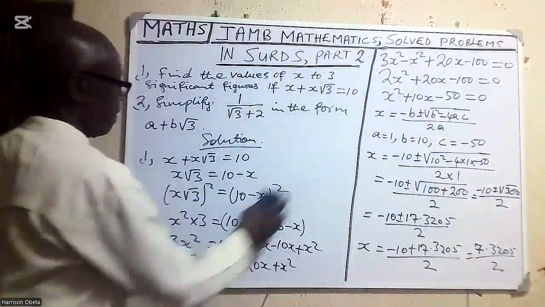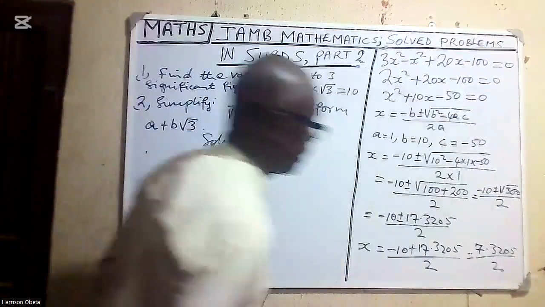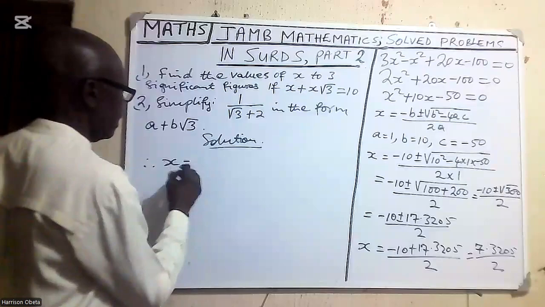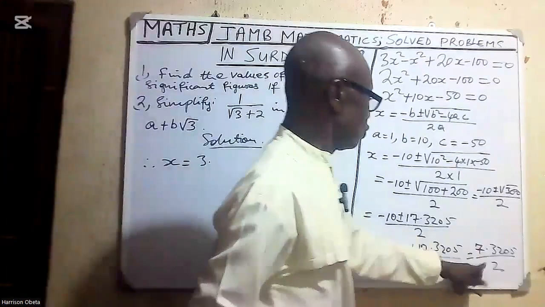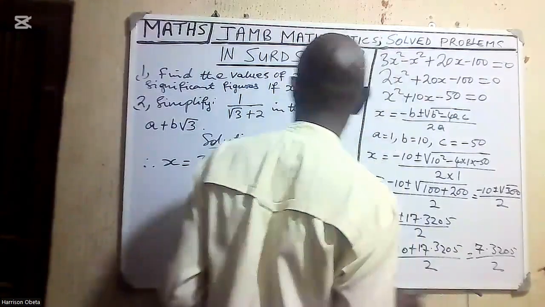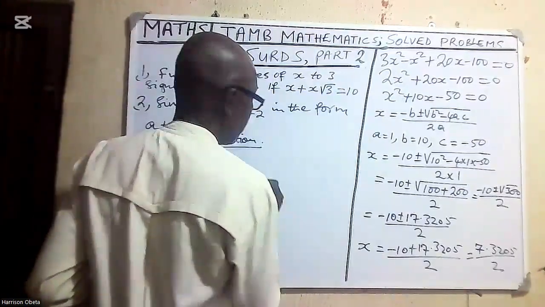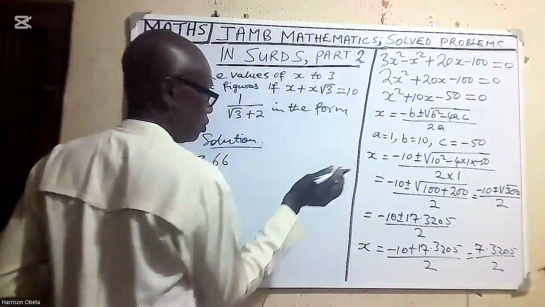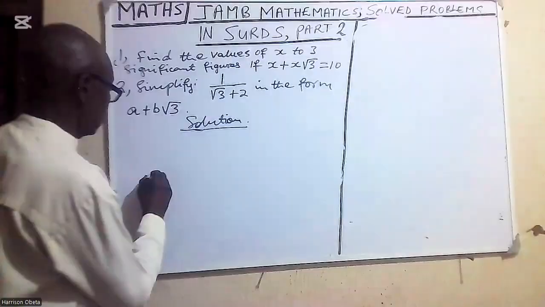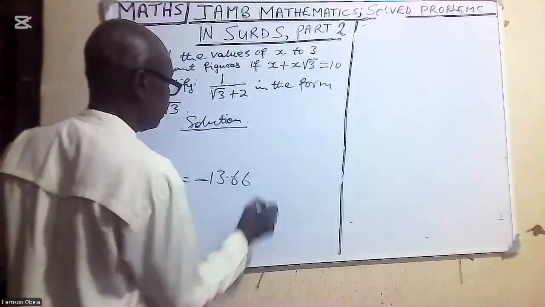So coming back here, that means that x is either 3.66, and we are not considering the extra digits because we are looking for three significant figures, or x equal to minus 13.66.